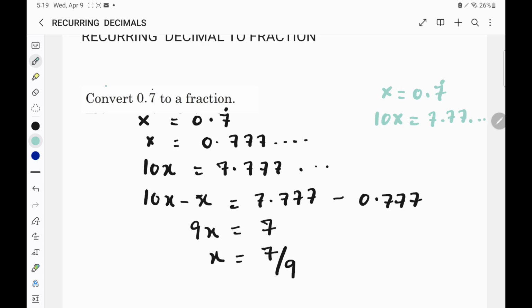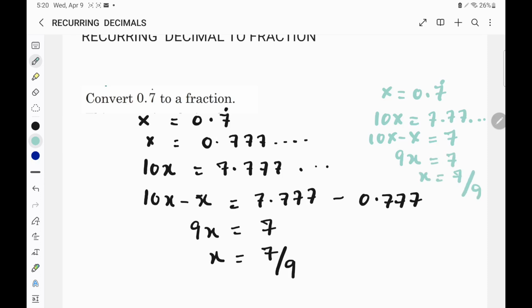There is no number over there which is not repeating, so you just subtract x. So 10x minus x equals 7, because there is no non-repeating number to subtract. So 9x equals 7, then x equals 7 over 9.